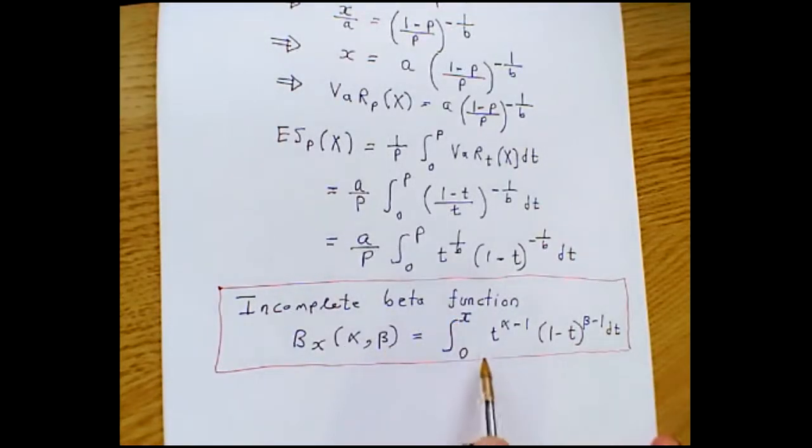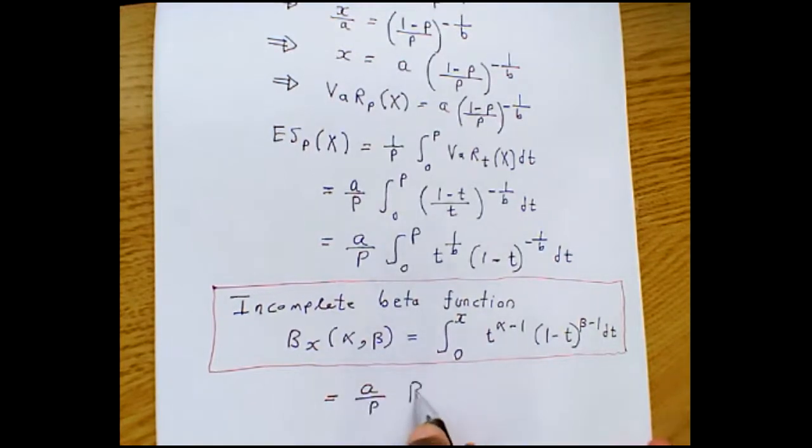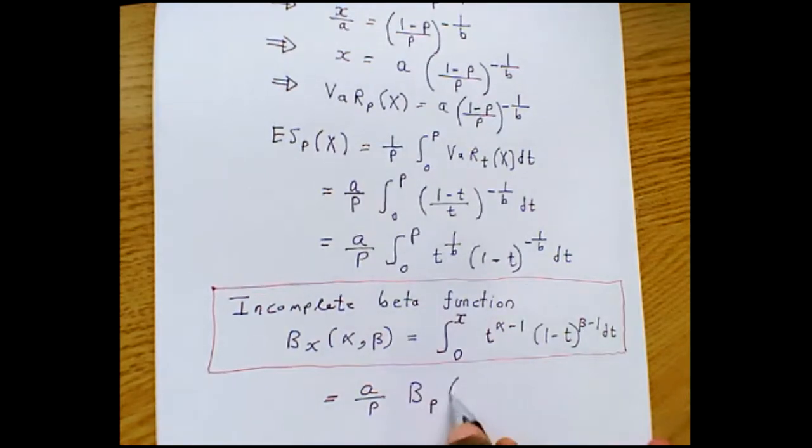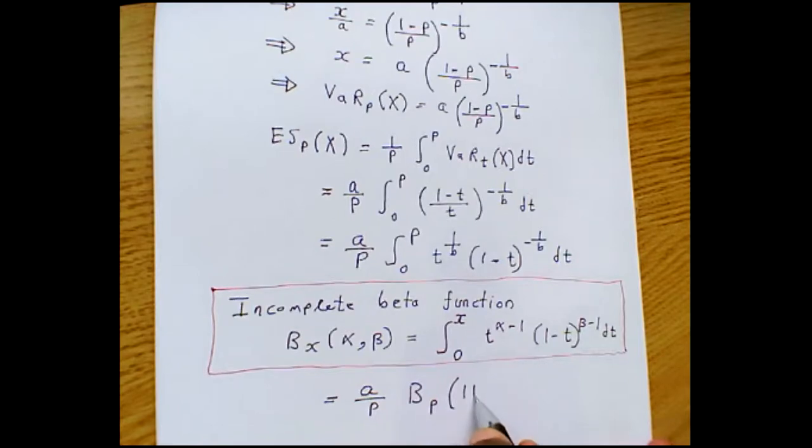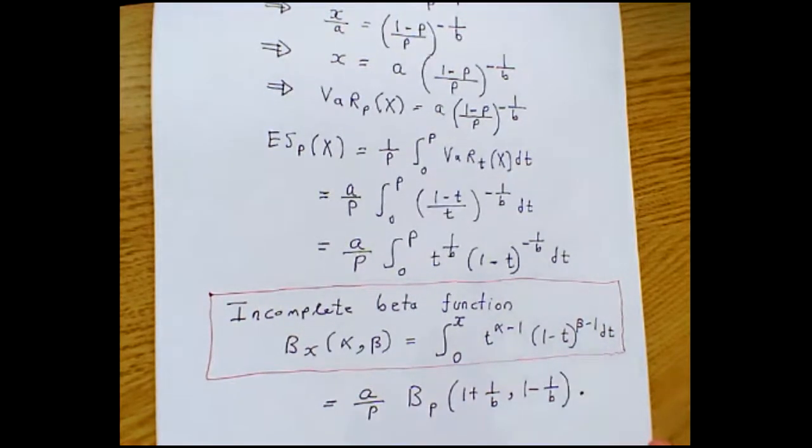For the incomplete beta you integrate from 0 to a fixed number x, right? Now using this definition you can write the above as follows. So a over p times the incomplete beta at p, your x is p, your alpha is this, and your beta is this. All right, so this completes question 6.